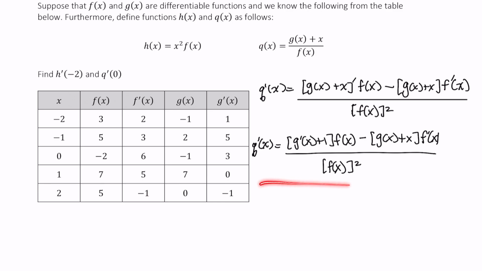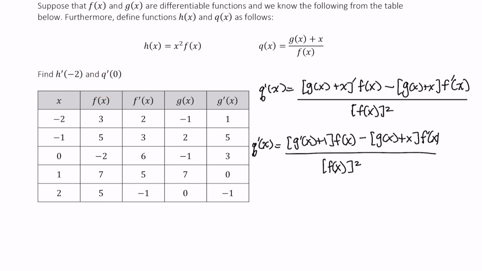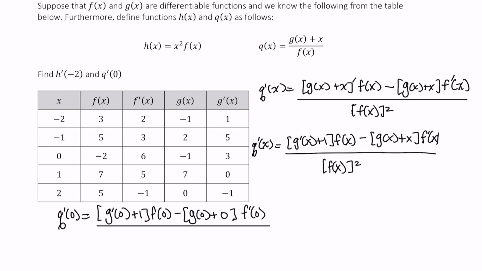Really, this is just our means to an end of evaluating this derivative. So let's go straight into figuring out what q prime of 0 is equal to. It is equal to g prime of 0 plus 1 times f of 0 minus g of 0 plus 0 times f prime of 0 divided by f of 0 quantity squared. All I have done again is taken every single x here and replaced it with a 0.